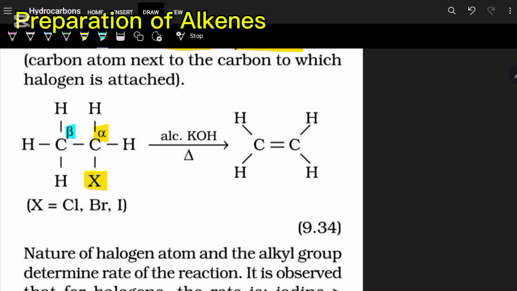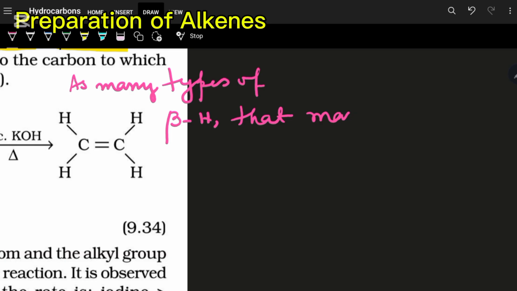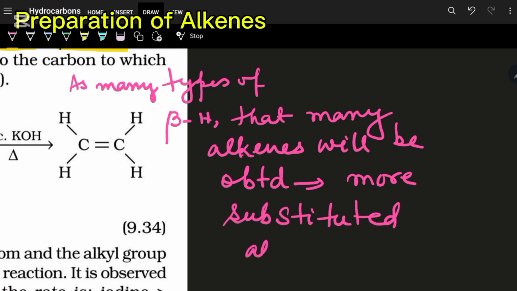And if I have more than one beta carbon, then I will get multiple products. So as many types of beta hydrogen, that many alkenes will be obtained, where the more substituted alkene is the major product.